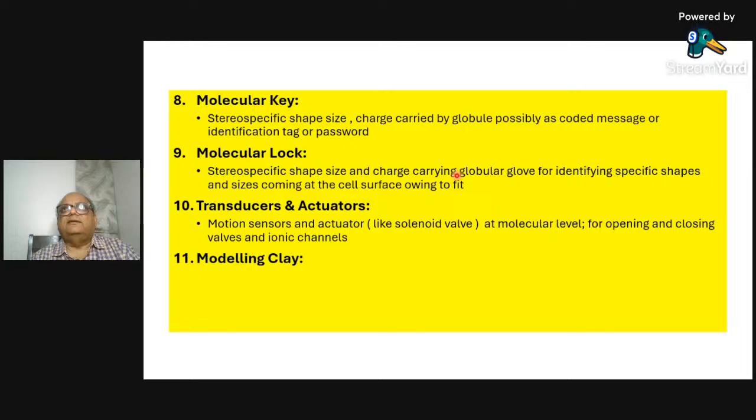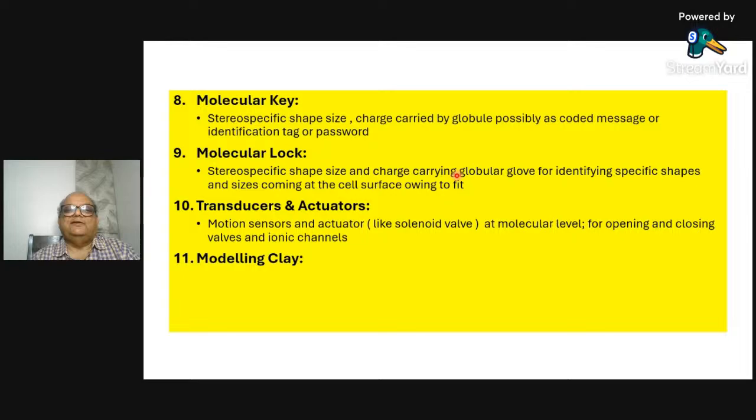Another interesting, lesser understood property of this one is as a modeling clay. In the cell, as much there are molecules, macromolecules, whose structure needs to be encoded on DNA, the spaces, the interspaces also need to be encoded. Okay, right? When you have a plan for a house, you do have to specify the empty spaces in the rooms, the carpet area, etc. Right?